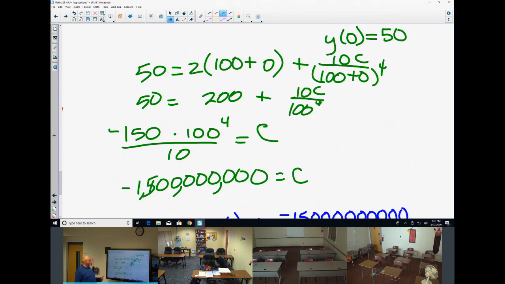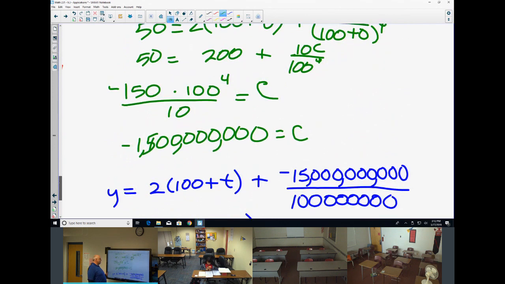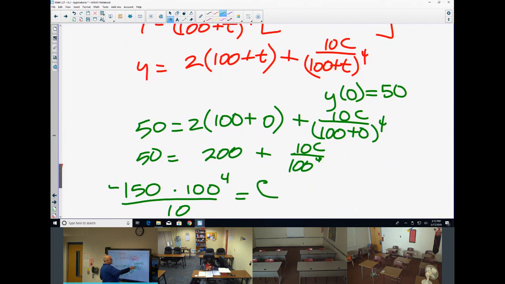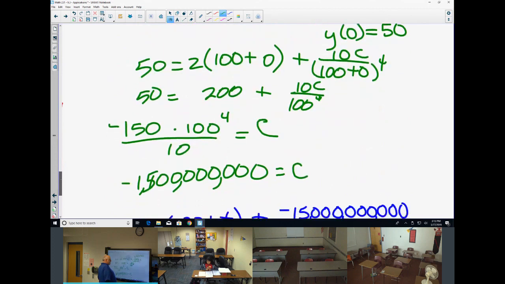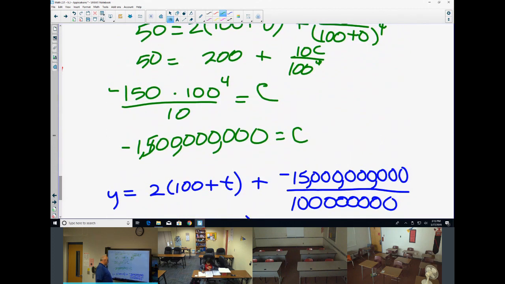All right, so now in place of c, I put that number into the general solution. I plug in c, and then I multiplied out this 100 to the fourth so that I could simplify.